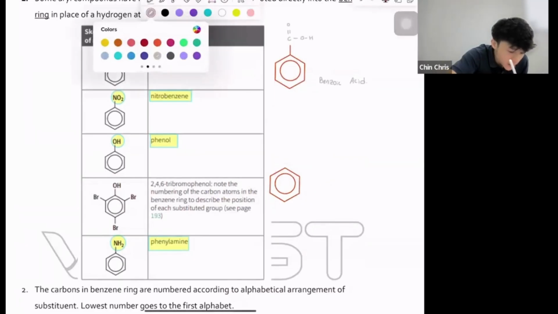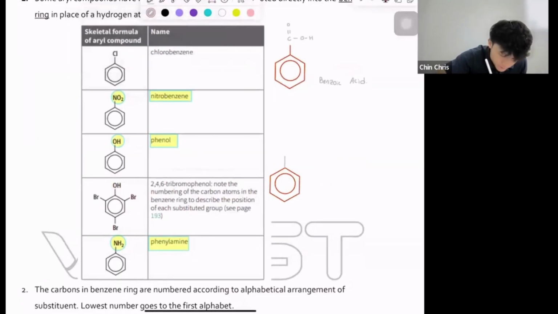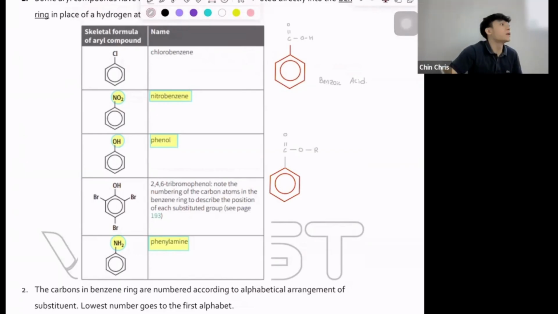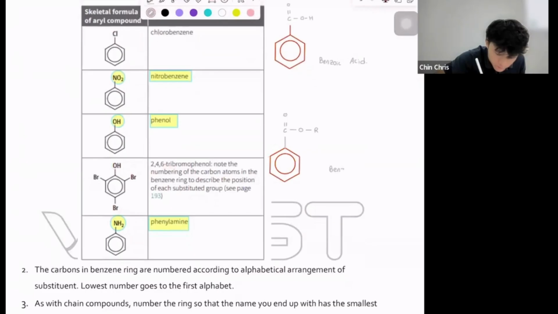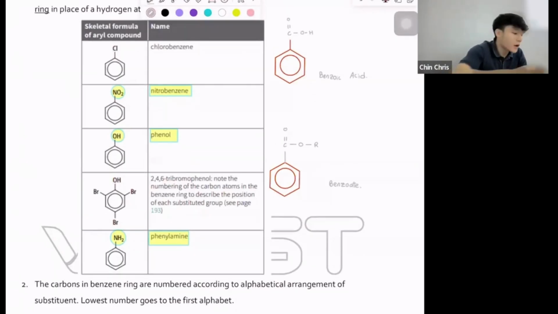The same thing: if I see C double bond O, O connected to an R group, which can be any carbon chain, this is an ester, and we call it a benzoate. Alright, guys, next page.